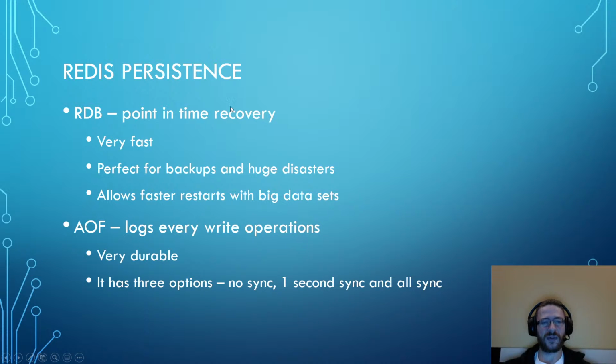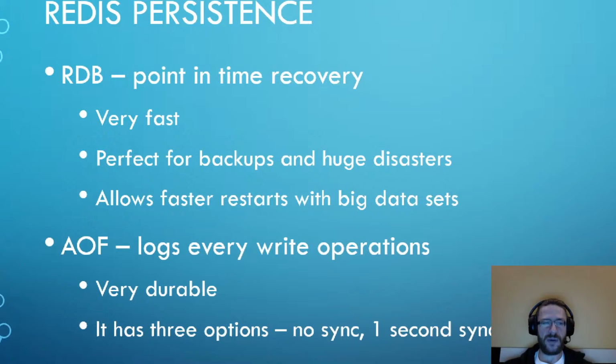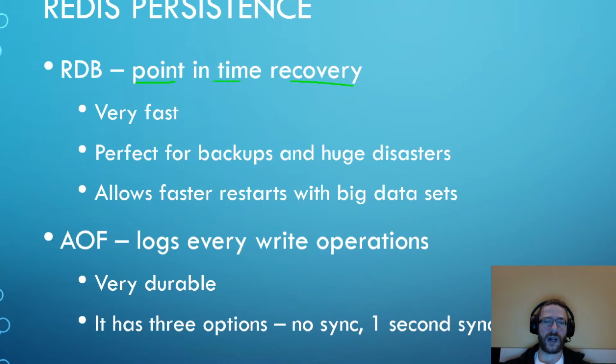So the two types of persistence are RDB and AOF. RDB is a point-in-time recovery. It's super fast to execute and it creates a backup. Basically, it means that when you say save the data from Redis, it will save it for you for the particular moment.